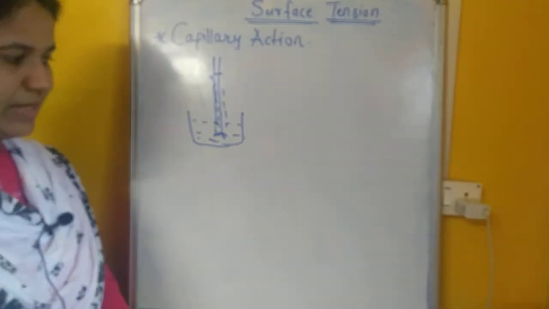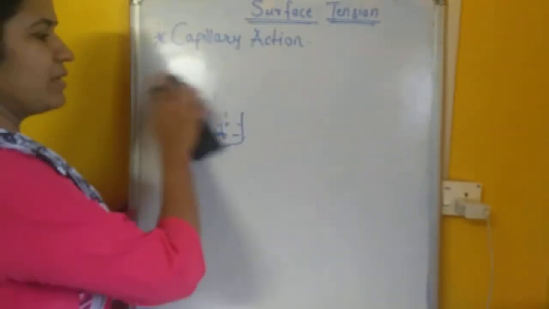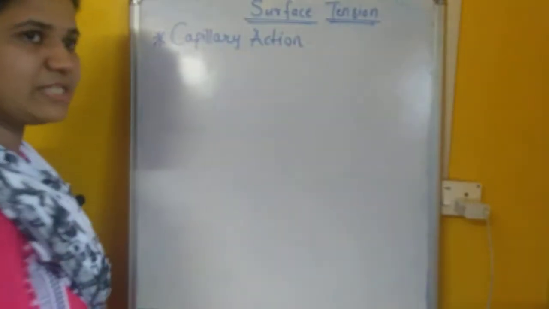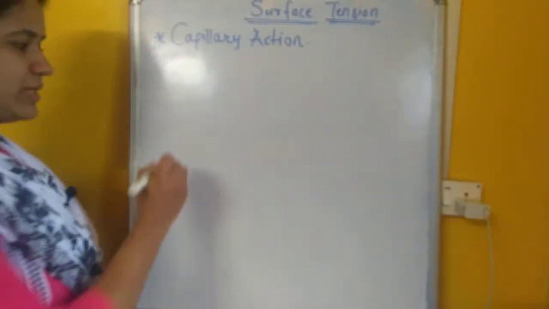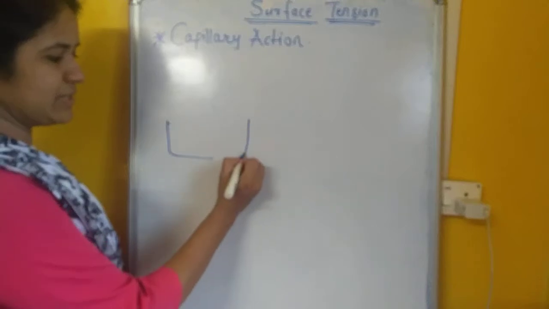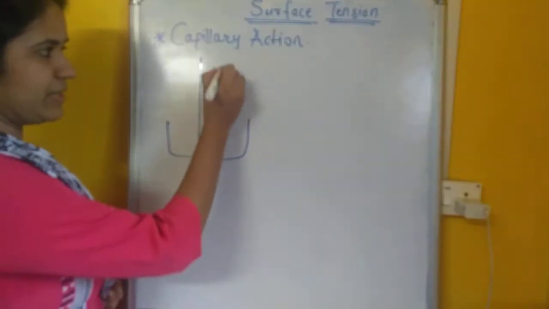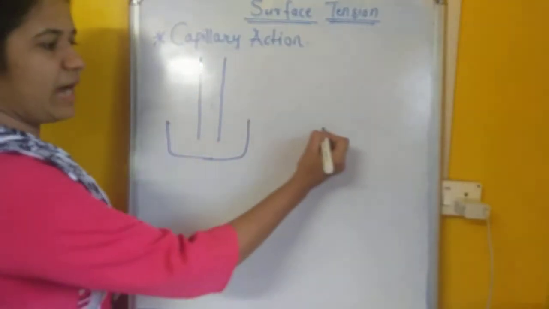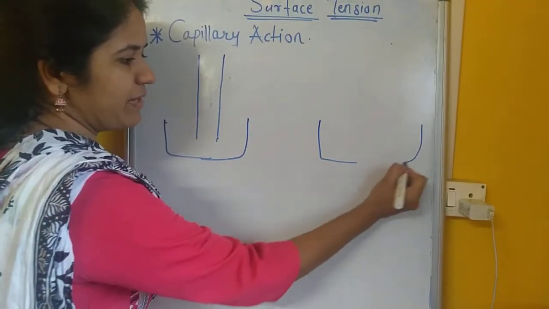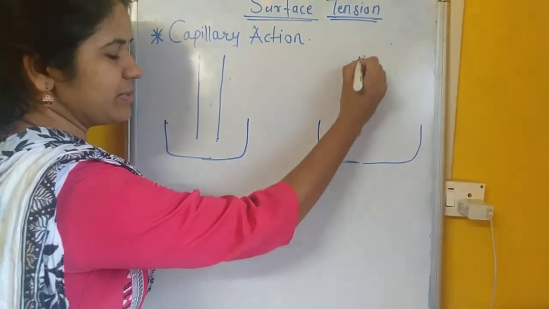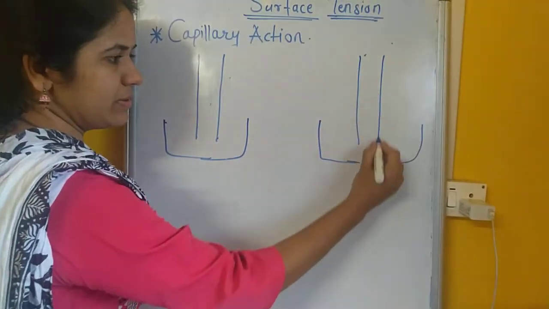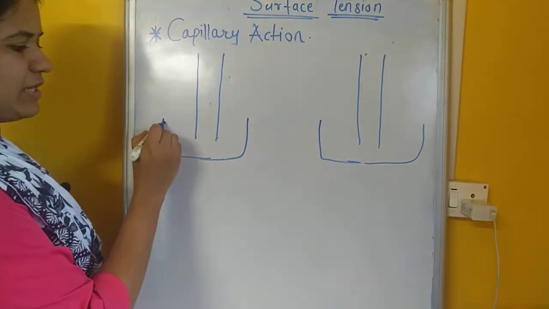What is capillary action in a capillary tube? Suppose we consider two cases. In the first case, capillary rise, and in the second case, capillary fall. Okay, so this is a liquid.